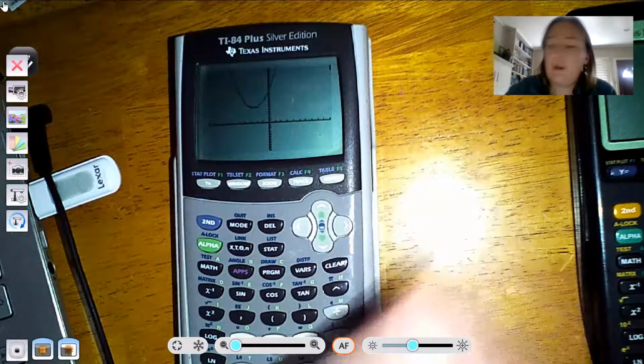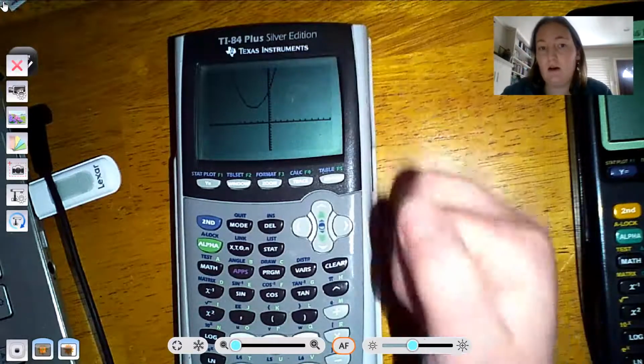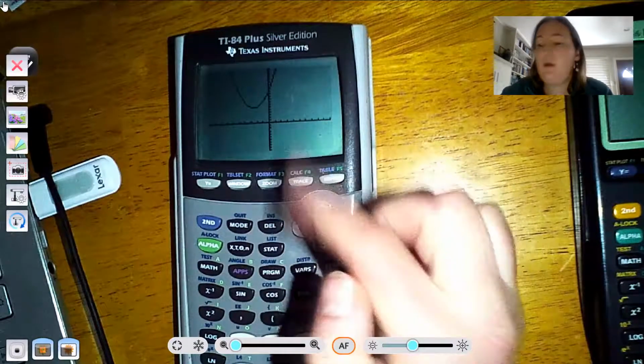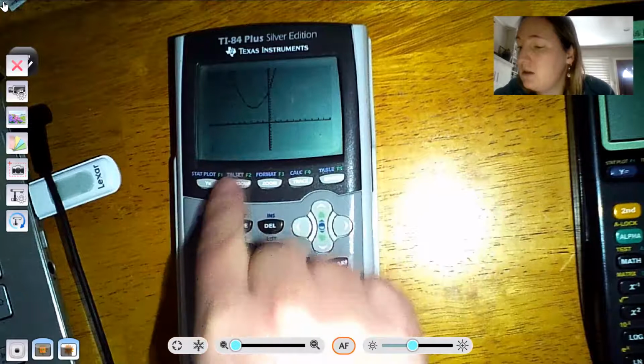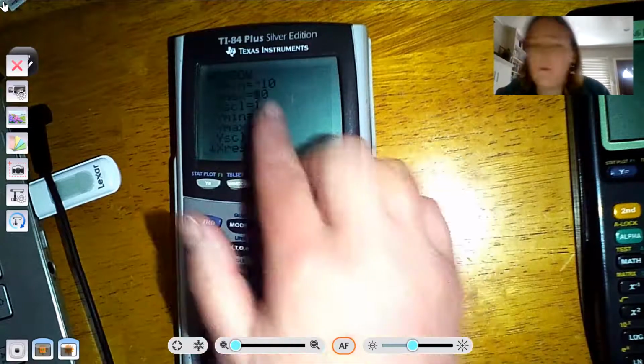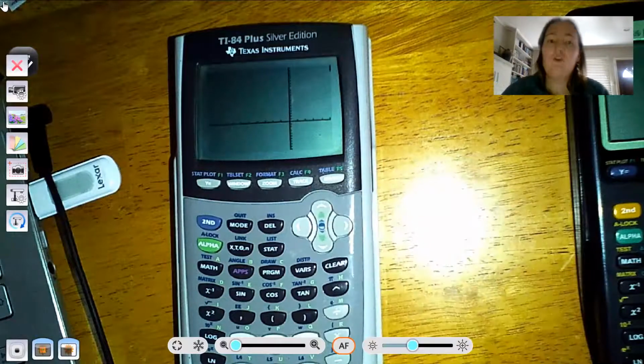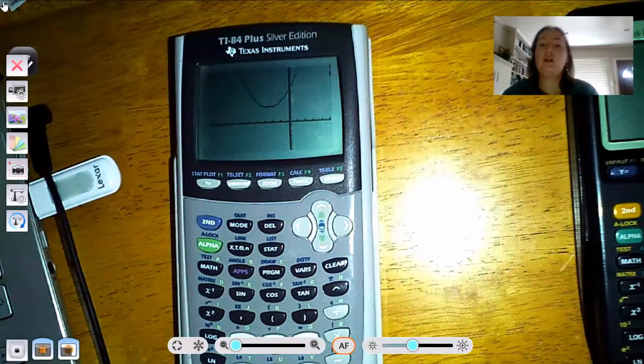And so you can see that now I have 20 tick marks here. I don't need as much in the X direction, so maybe I'll change the X to be less big, maybe just a 5. So you can manually adjust it.